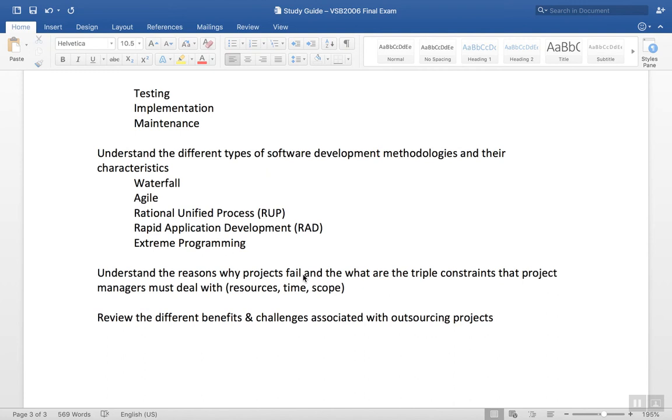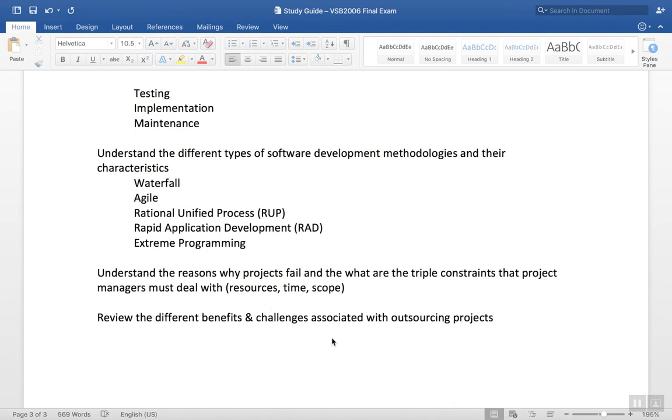Projects are temporary entities that have resources allocated to them, should be completed within a certain time to accomplish a certain amount of work. Balancing all of those to deliver a product at the end is really, from a project manager's perspective, balancing and coordinating all of this between resources and time and scope.